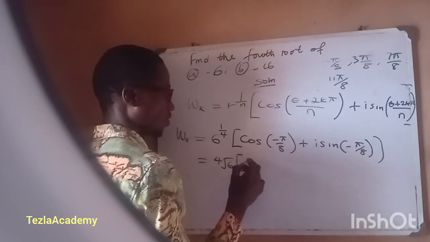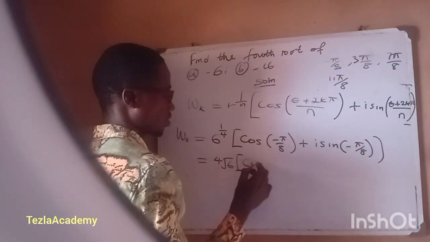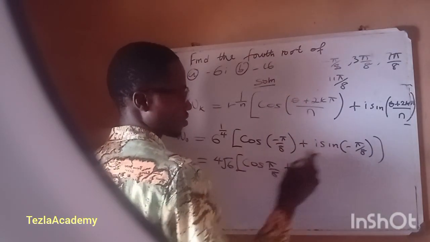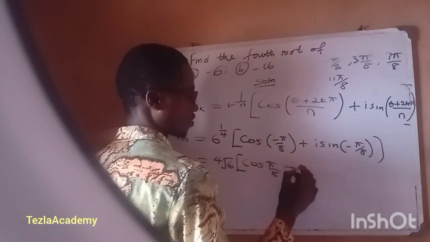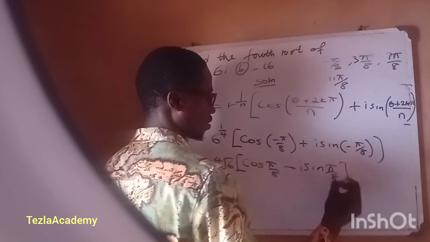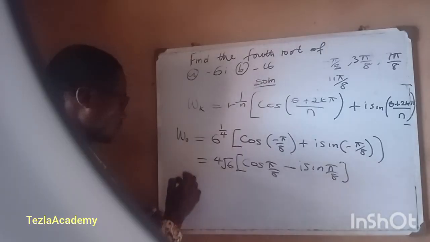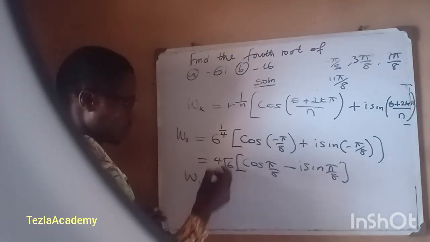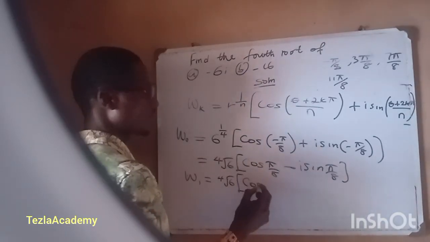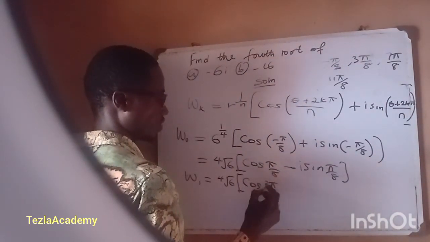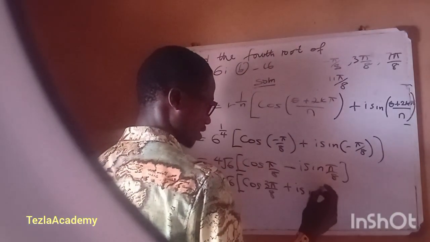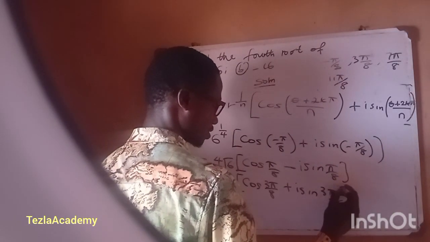Then we have cos of this, same thing as cos of the positive one. So this is just cos pi over 8 plus, not plus, for the sine it's negative. We have minus I sine pi over 8. So the minus will come to the back. So W1 equals, the same thing will happen here, 4th root of 6 cos 3 pi over 8 plus I sine 3 pi over 8.